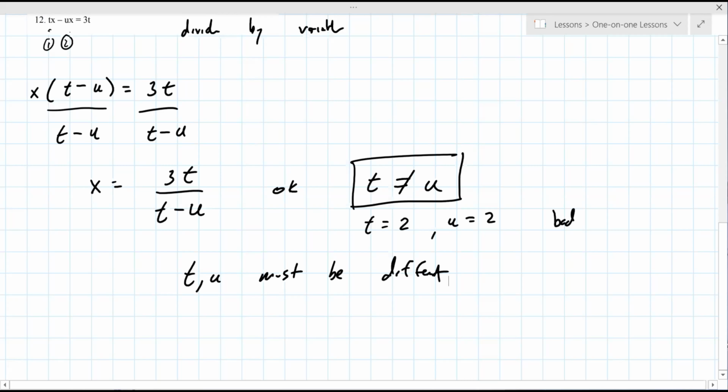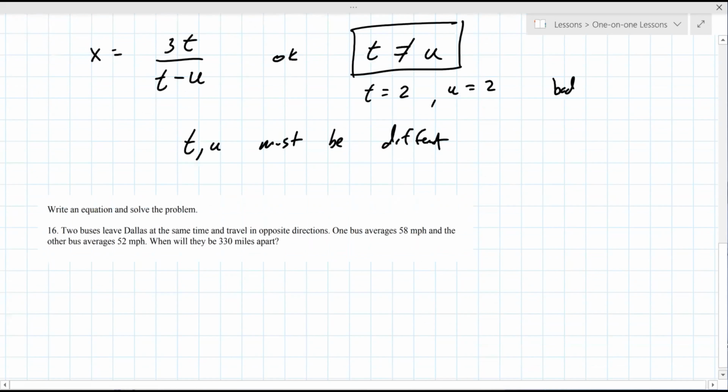After that, maybe 16 would be good to go over. I know there's a formula, but I don't remember. This is more of a draw: we're going to draw a picture, and then there is an equation. Distance is equal to rate times time.